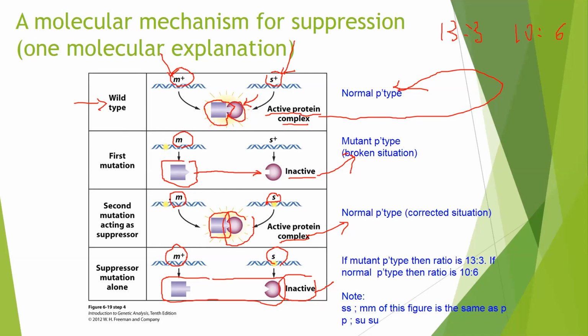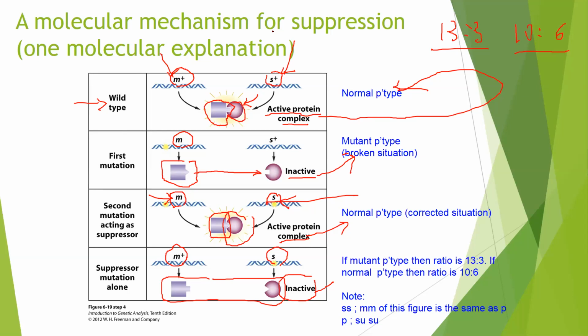If the mutation of the M gene and the mutation of the suppressor gene produce products that can match to form an active protein complex, then this will give us this ratio or this ratio. But in the case you just mentioned, if both mutants cannot come together, then it will not show this ratio. I hope I answered your question.